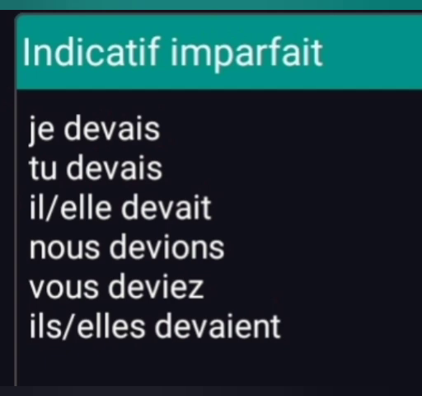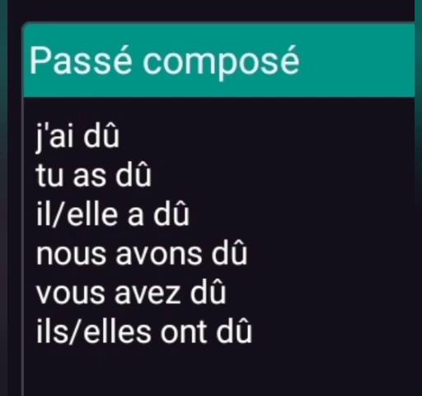So, which is different with passé composé now? Passé composé, j'ai dû will be I had to. So you can see the difference. Imperfect is we were to. Passé composé is I had to. J'ai dû, I had to, or I needed to. Tu as dû, you had to.